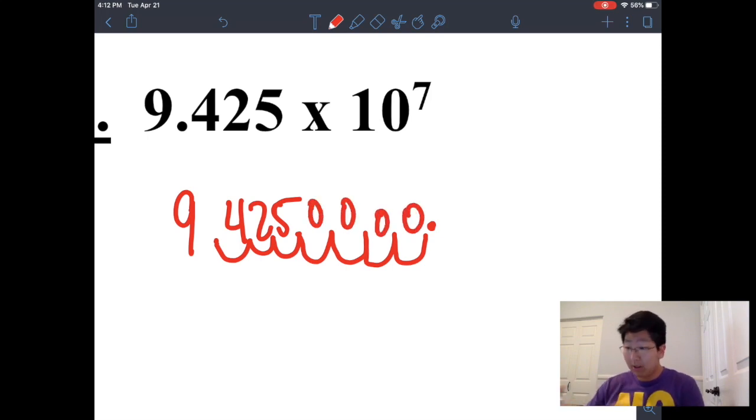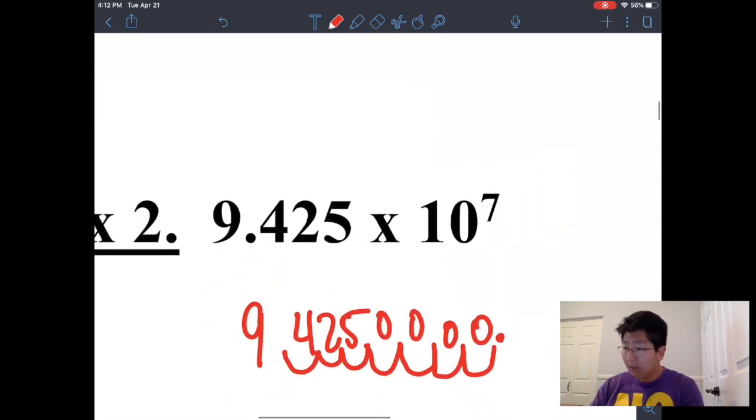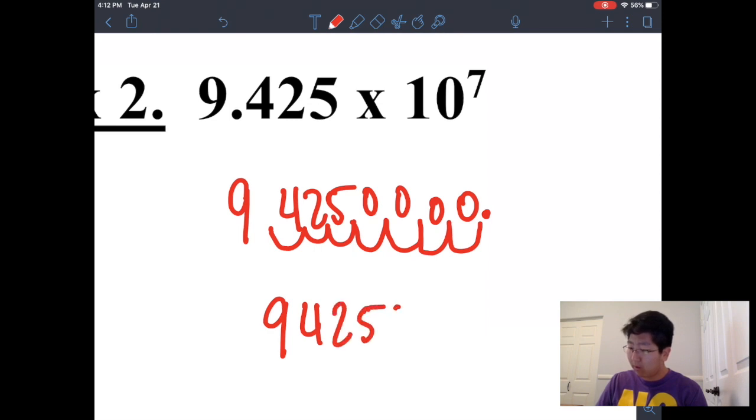So this number, 9.425 times 10 to the 7th, is the same thing. It's just another way to show a very complicated or big number in an easy way. Okay, so right here, this is 94250000. And really it's 94,250,000. Okay.